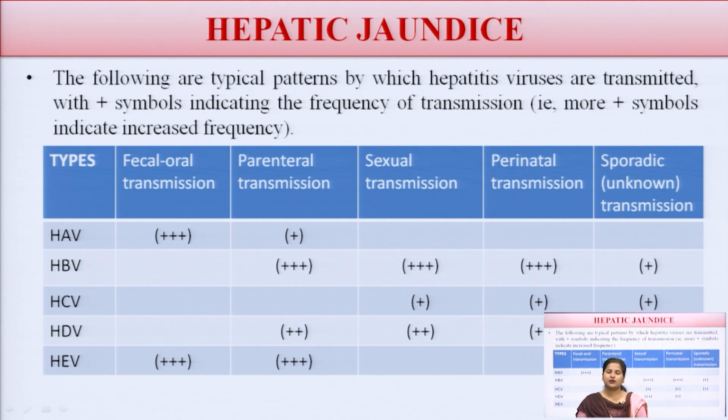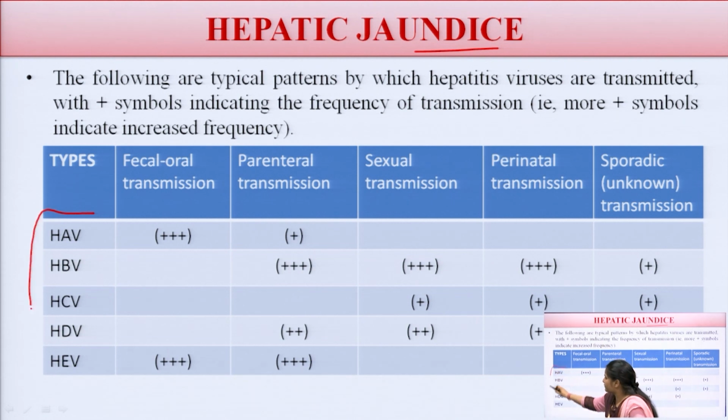Now, hepatic jaundice means icterus. The following are typical patterns by which hepatic viruses are transmitted.